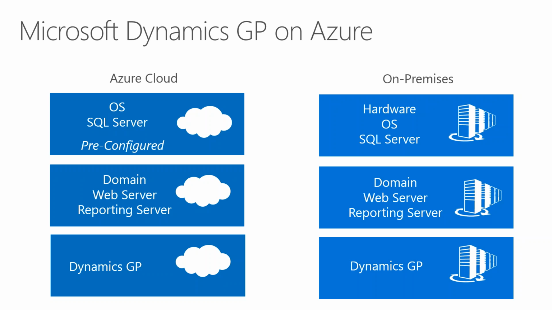There is now from Microsoft, top to bottom, a complete Azure cloud solution if that's something you want to investigate. They'll provide all of the infrastructure, all of the platform that you need. You still have access to all of the GP functionality delivered through the GP web client. It's the same experience. Really nothing being given up, just a means of changing that deployment model.